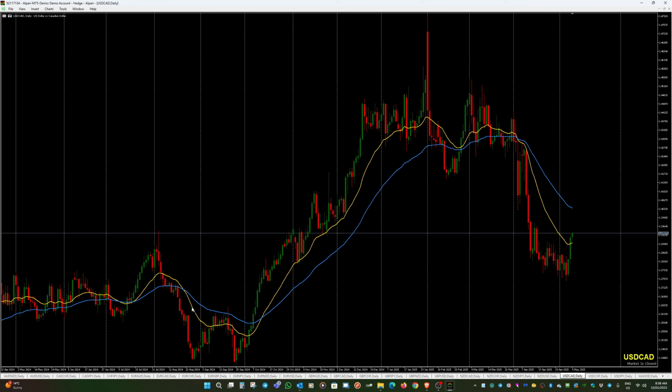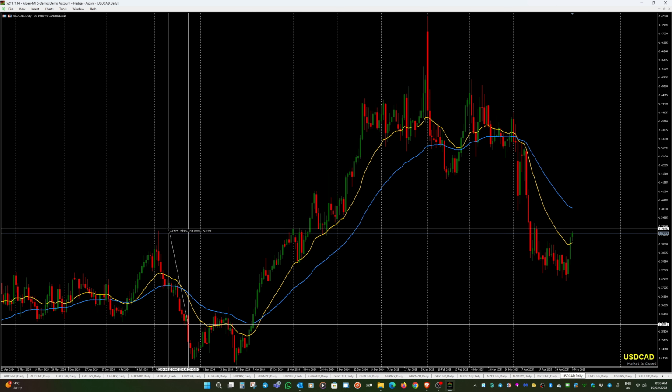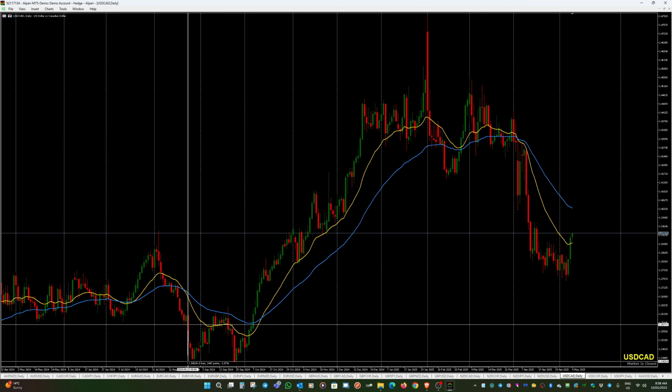We've also got a crossover of the moving averages. You can see here we had a cross down, which would normally signal a short trade. We could have got into a short trade here as well, but the stop loss would have been 375 pips.